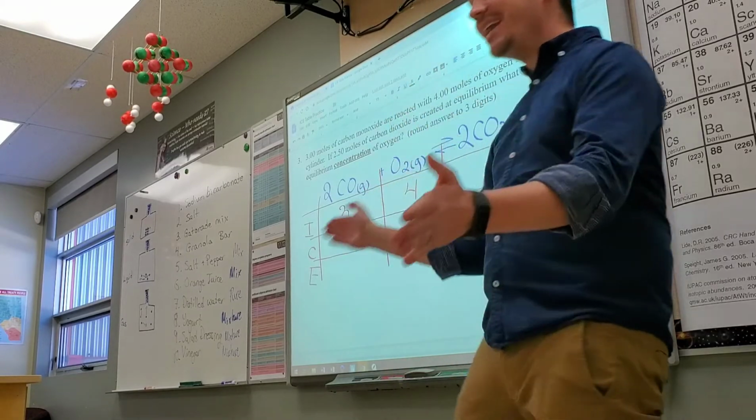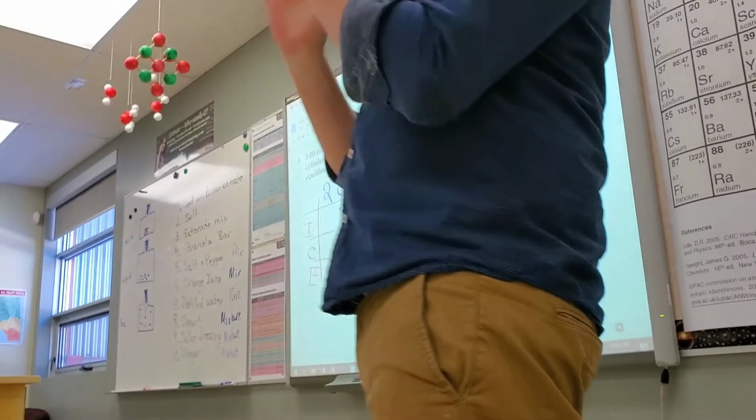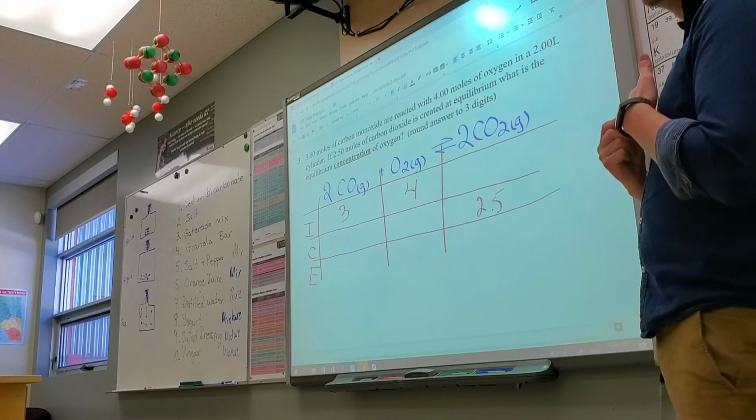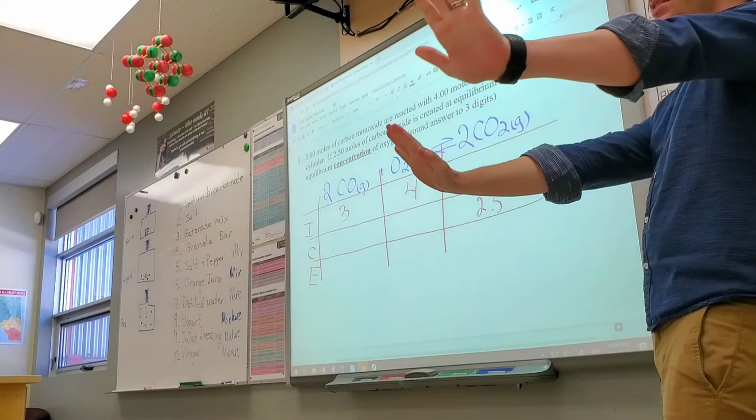Now, straight out of the gate, I don't like that. I don't like what I just wrote. Does anybody know why I don't like that? Just going to give you 10 seconds. Don't say it out loud.